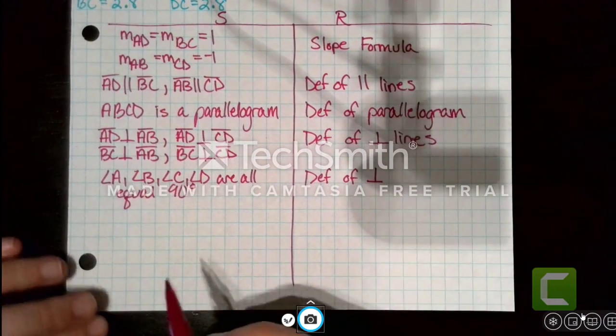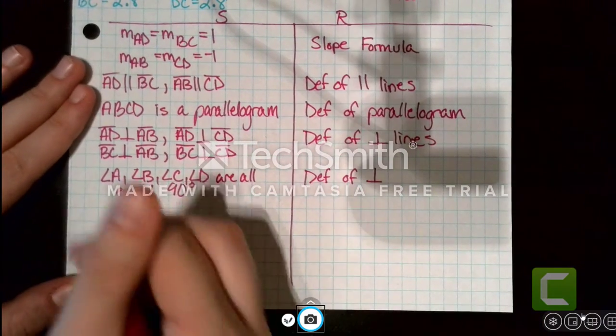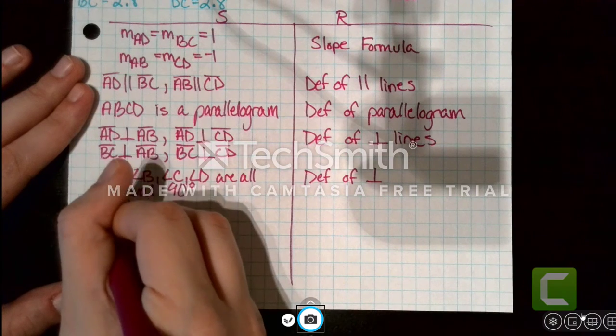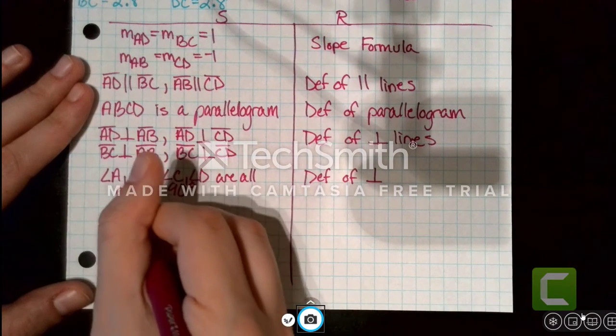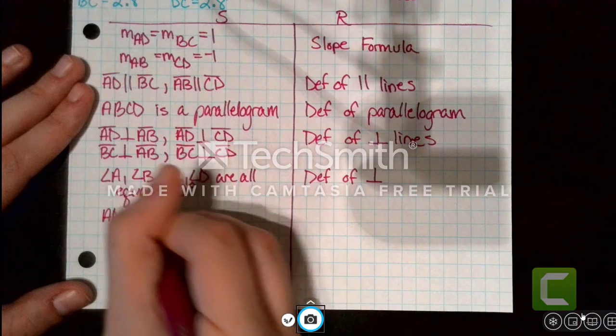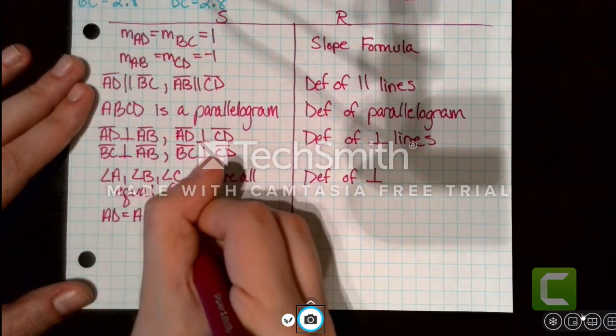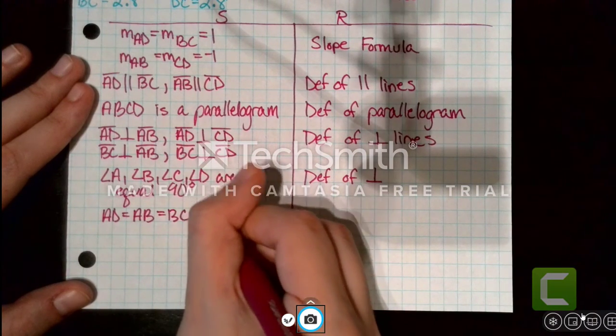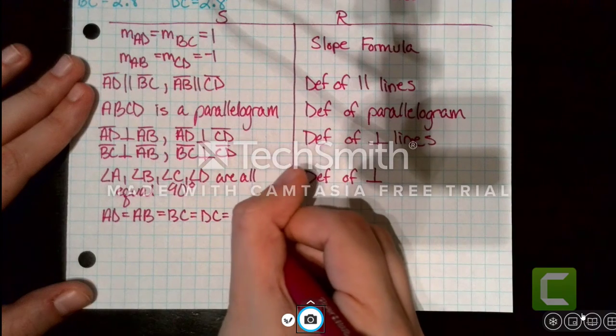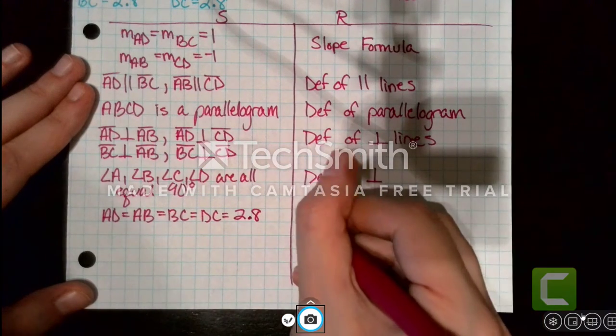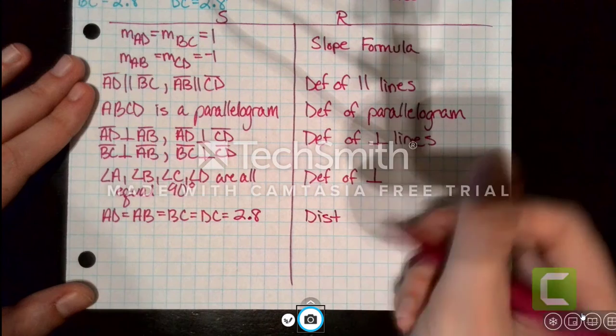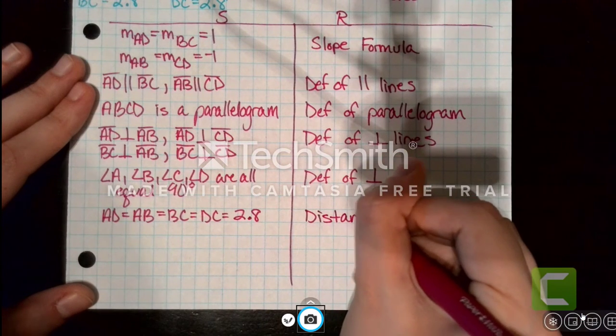We need to first state the measurement, and that measurement is that side AD is equal to side AB is equal to side BC, which is equal to side DC at 2.8 by the distance formula, since it is what we use to find the value.